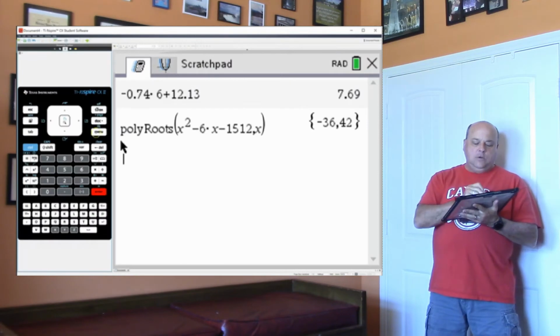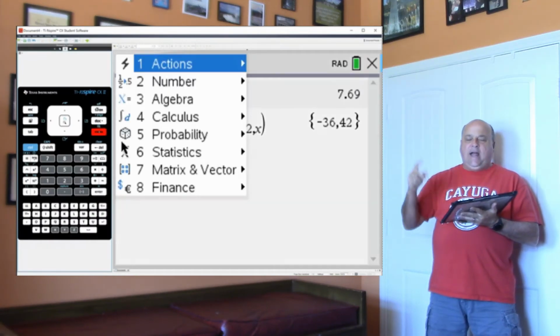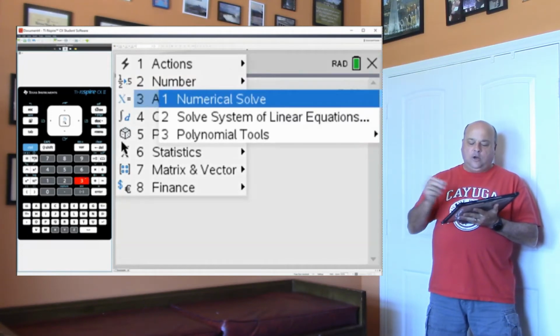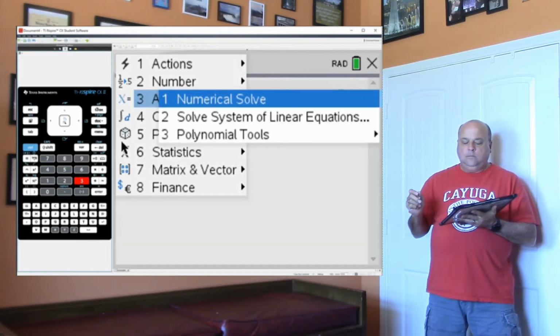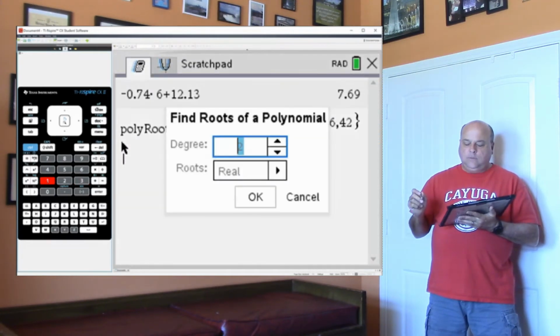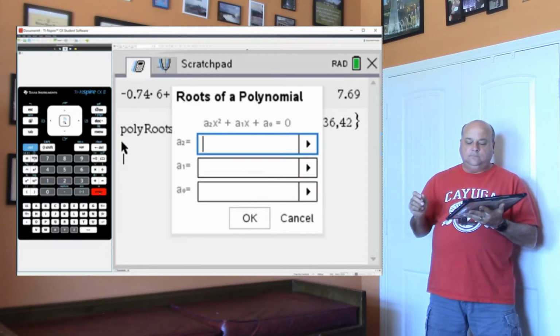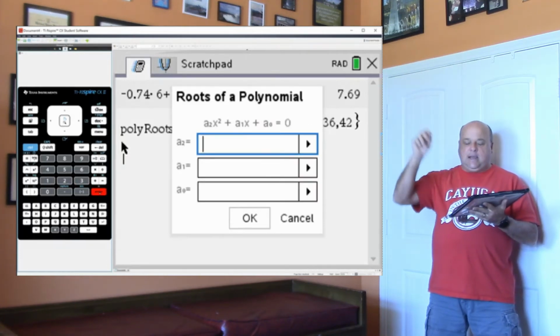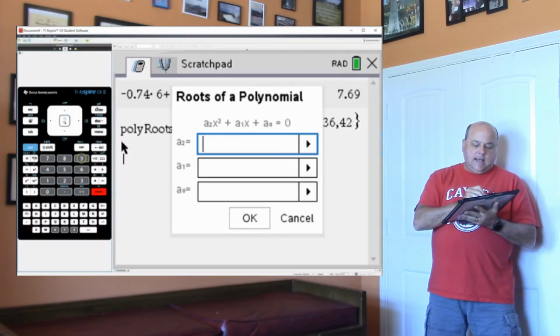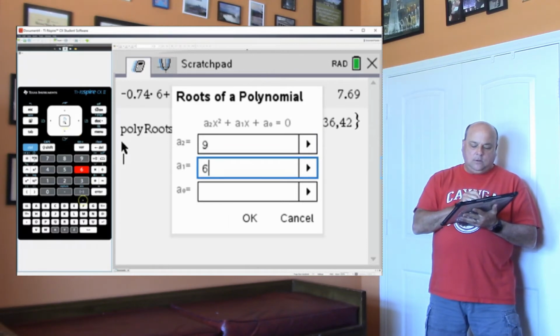We're going to hit menu. Algebra is 3. Polynomial tools is 3. And then find roots of a polynomial is 1. And then hit enter. Now then, this is where you put the a, b, and c in. So I have 9, 6, negative 1. 9 down, 6 down, negative 1.